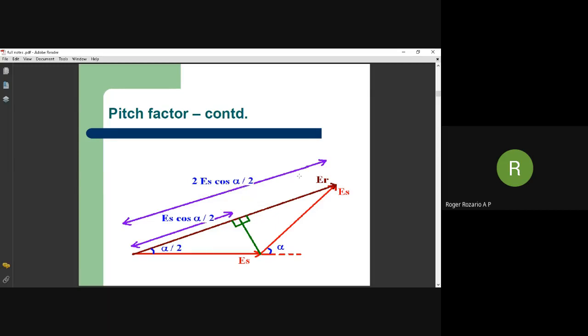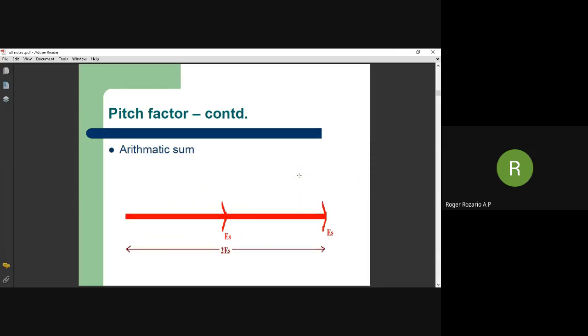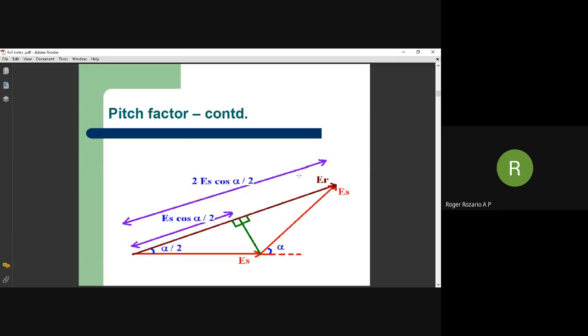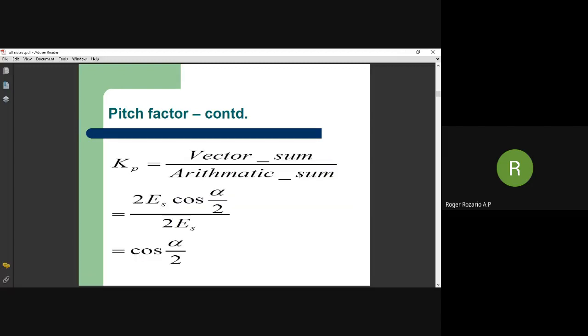So this is the vector sum. What was the arithmetic sum? Arithmetic sum was 2 ES. Our vector sum is 2 ES cos alpha by 2. So you divide both, 2 ES cos alpha by 2 divided by 2 ES, you will get cos alpha by 2.